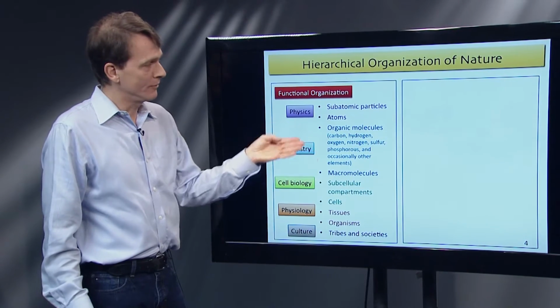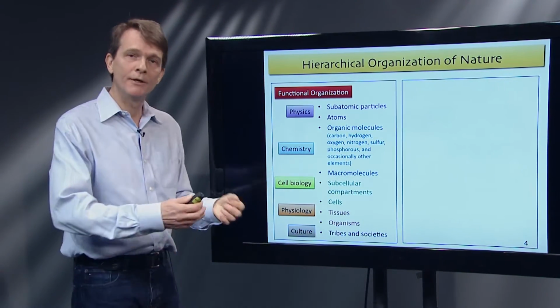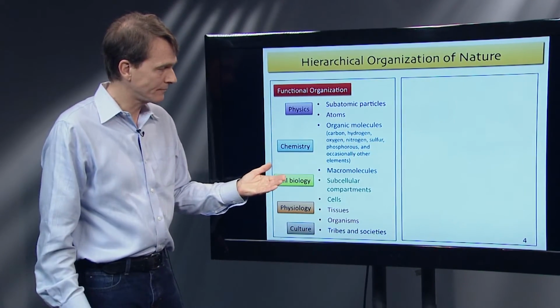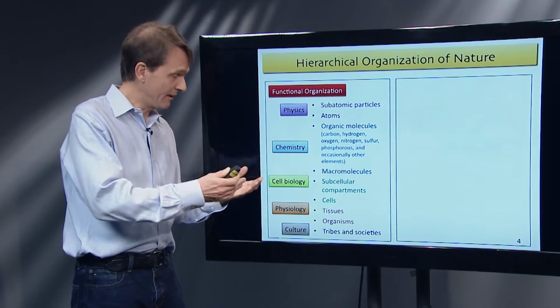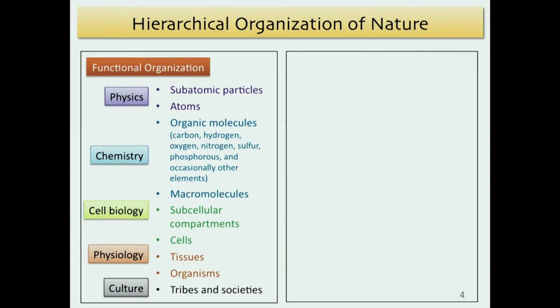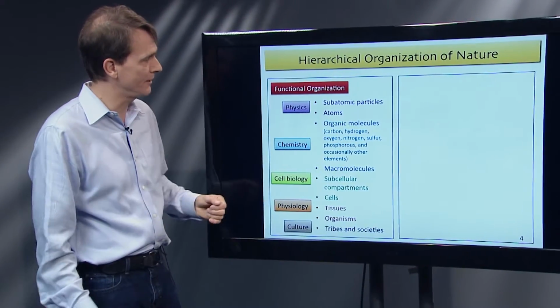When the molecules formed by those bonds between atoms interact with one another in more and more complex ways, and when cells are built, we have cell biology. Cell biology, of course, is the study of exactly how cells behave, and cells themselves make up organisms and organs, which we study using physiology. And then at a yet higher level of organization, we of course have culture, tribes, and societies, and so forth.